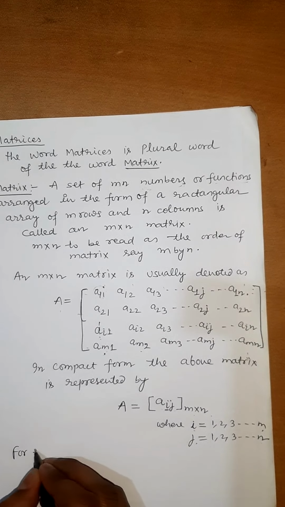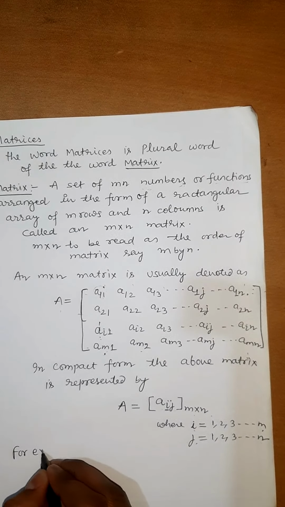For example, A is a matrix having the elements 1, 2, 3, 4, 5, 6, 7, 8, 9. So in this matrix, there are 3 rows, say R1, R2 and R3, and columns C1, C2 and C3.